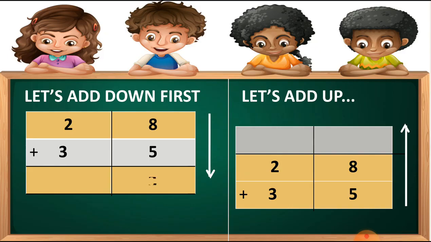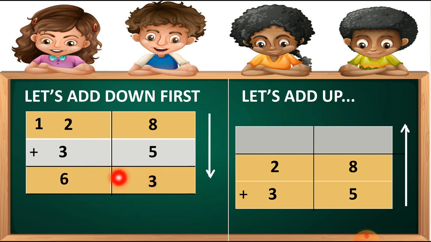So let's write number 3 first, and the 1 will move as a carry forwarded number to the tens column. Now students, let's move to the tens column, which is 2 plus 3 plus 1, which is the carry forwarded number. So the answer of the tens column is 6. So our answer is 63.